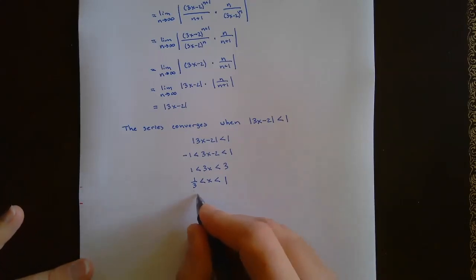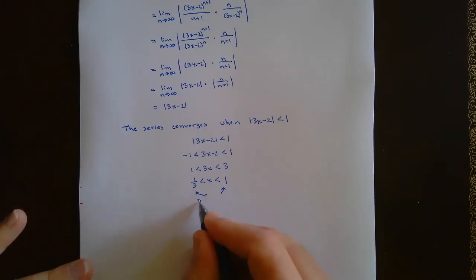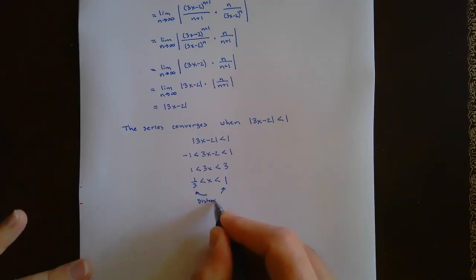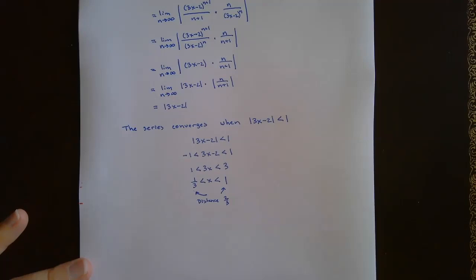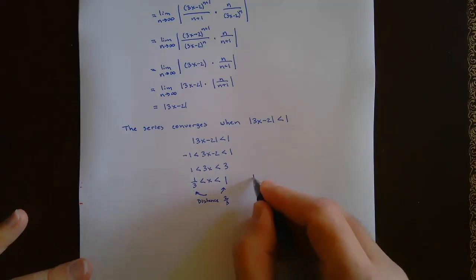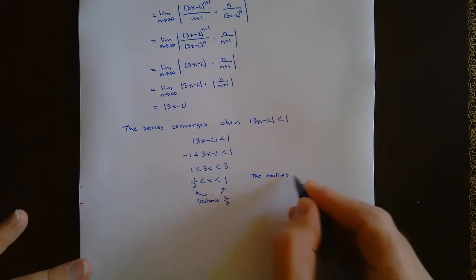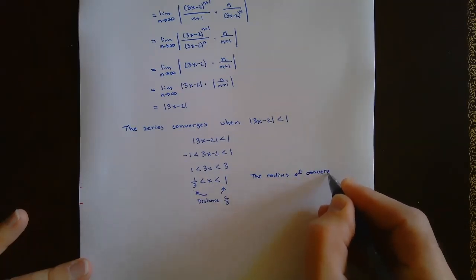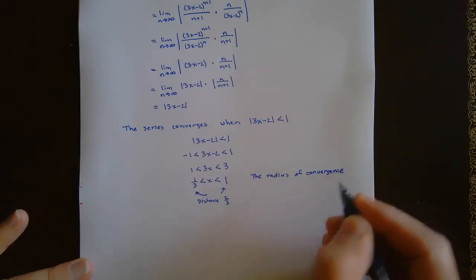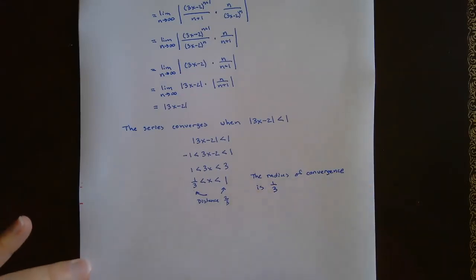So the distance between these would be 1 minus 1/3, or 2/3. Half of that would be 1/3. So the radius of convergence is 1/3.